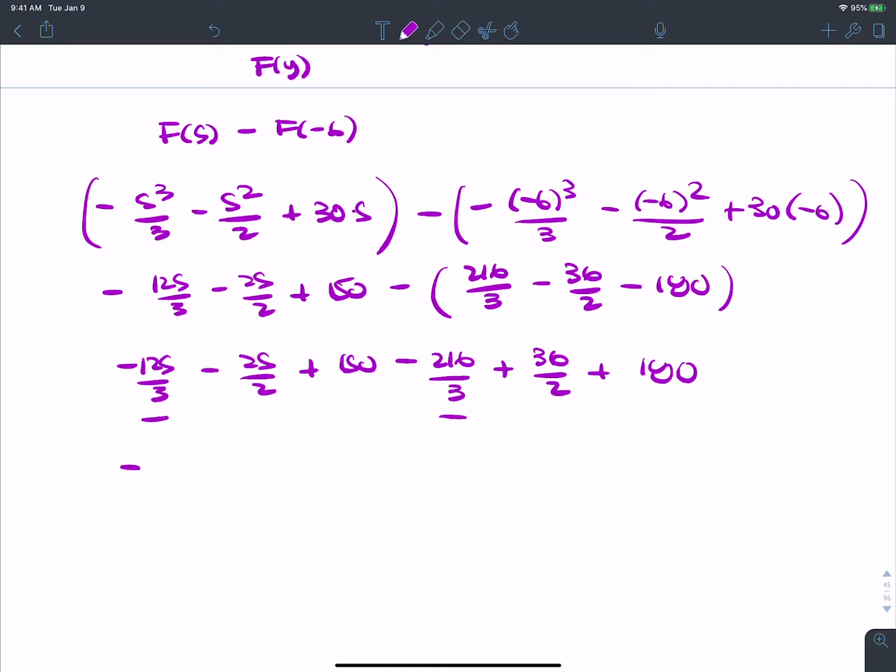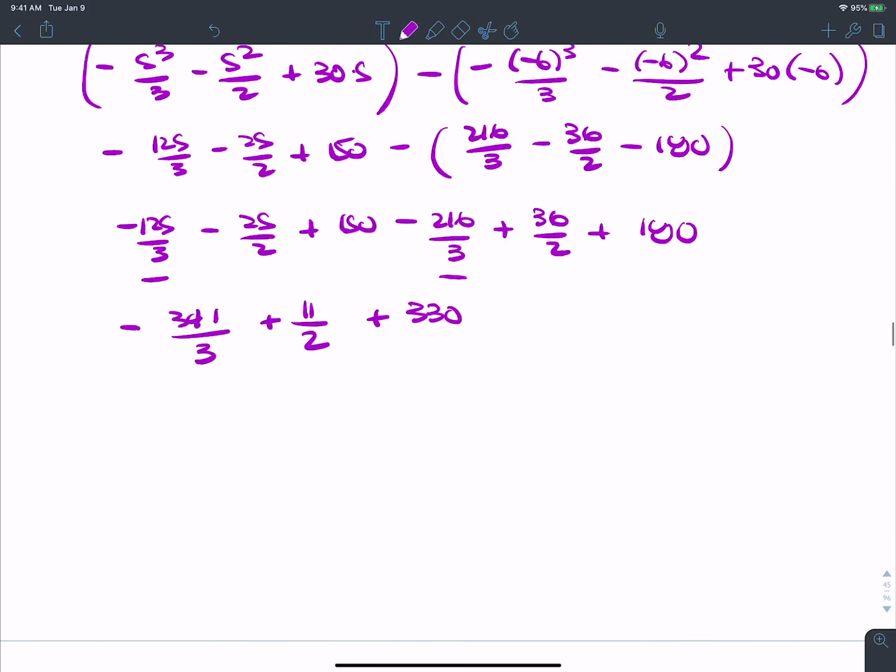What's negative 216 plus negative 125? Negative 341 cubed. And then negative 25 halves plus 36 halves is 11 halves? What's 150 plus 180? Is that 330?